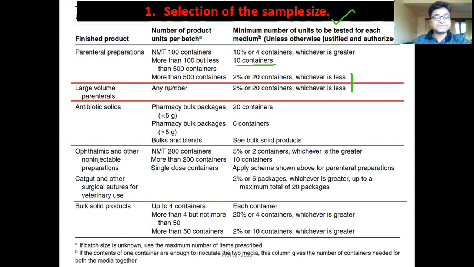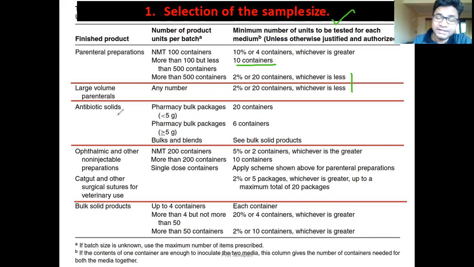Then antibiotic solids, many cephalosporins, augmentin injection, sulbactam, many of the containers which you are giving, cefixime, which they are giving in the form of solids, where they ask you to use sterile water for injection to constitute.